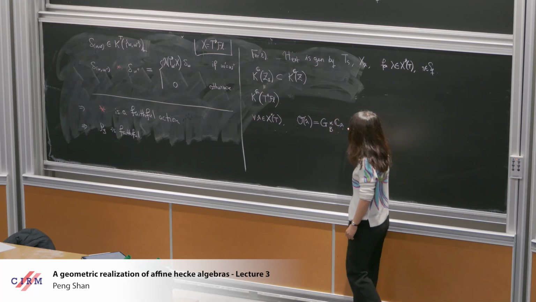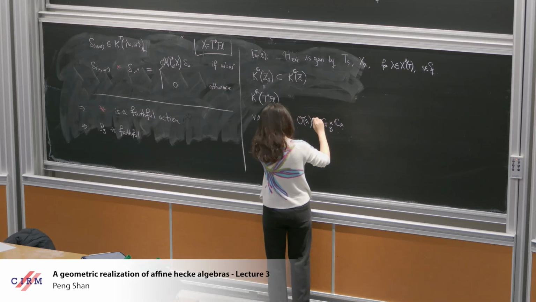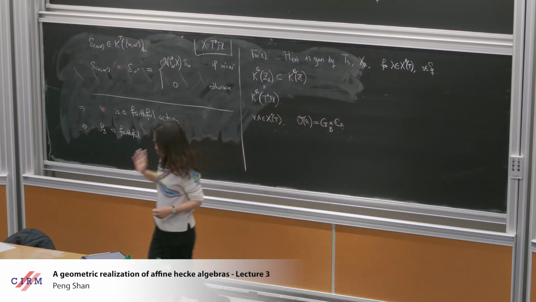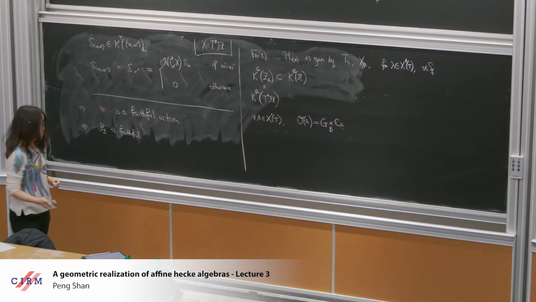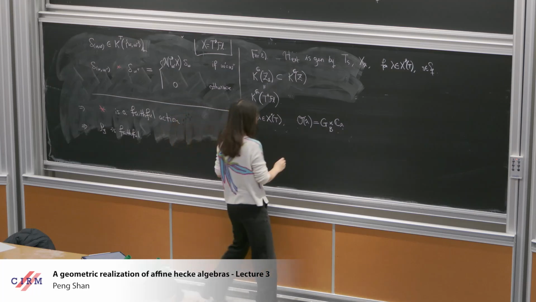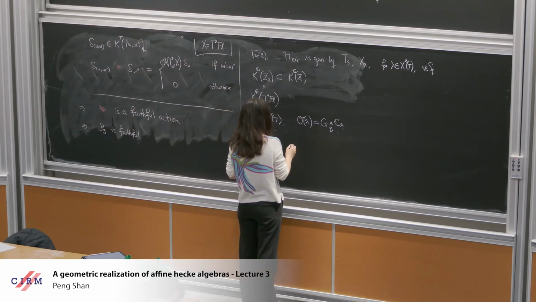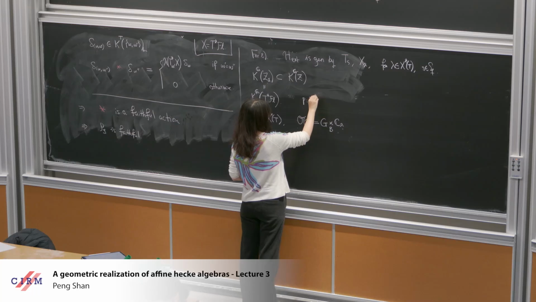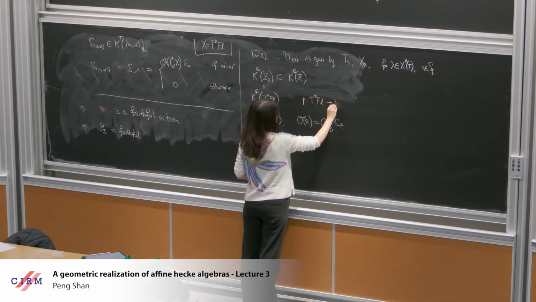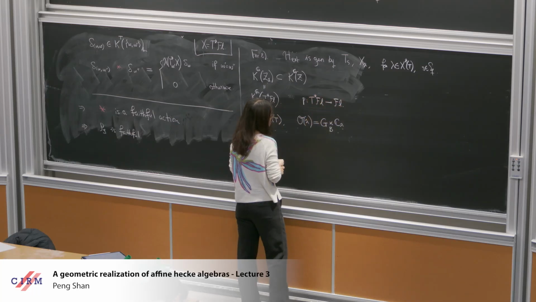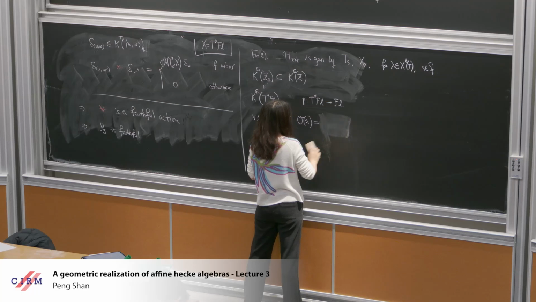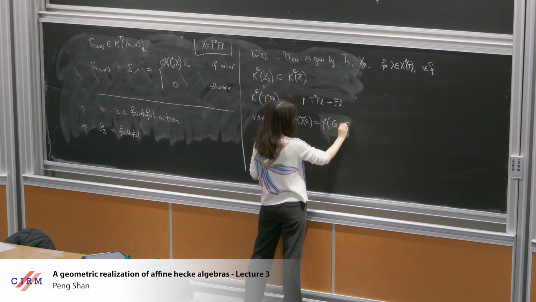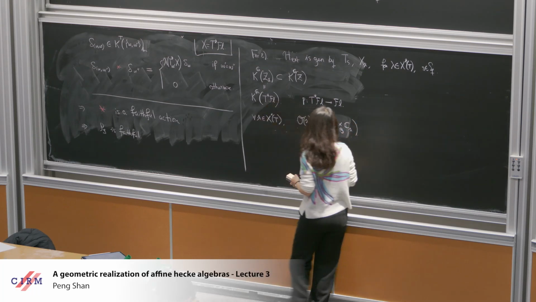So this gives you a line bundle on the flag variety, and then you pull it back to the cotangent bundle. Let me still call P the map from T star of flag to flag, and then you pull back the line bundle I just wrote down.